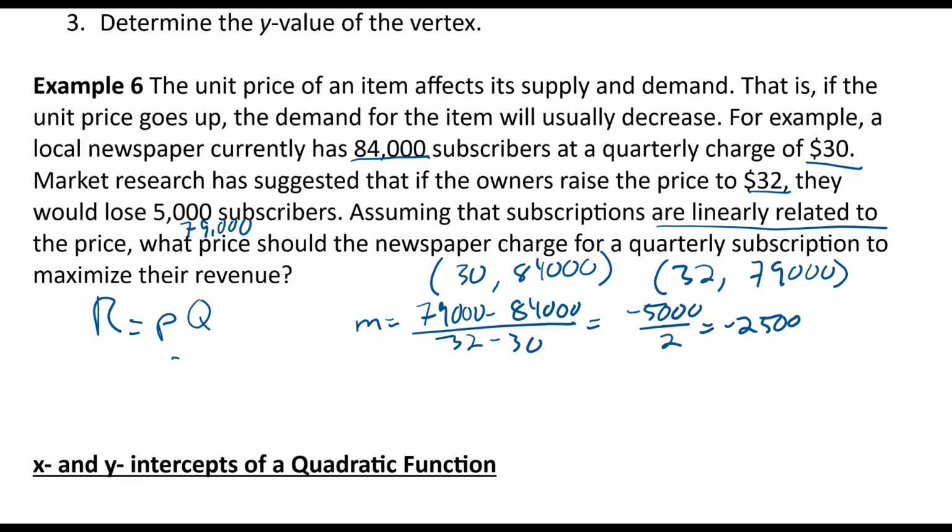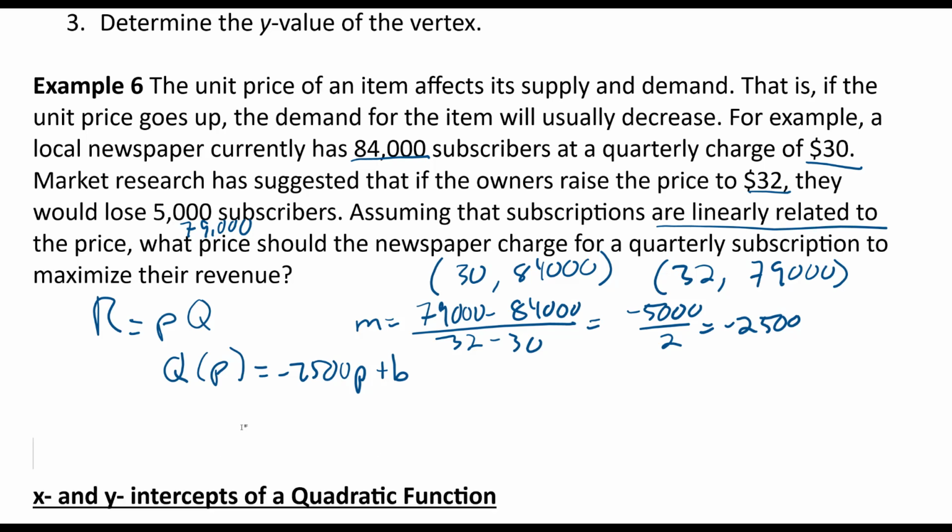So we have Q of P would be negative 2,500 times P plus some B. Now we could just take either point and plug it in to get our B. I need to give myself some more space to work, so I'm going to move that down.